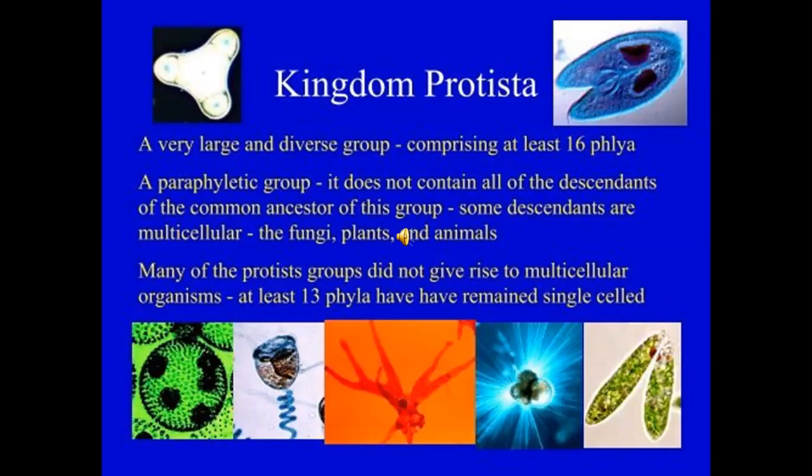Algae include unicellular and multicellular types. Animal-like protists are often called protozoans. They include amoeba and paramecium. Amoeba and paramecium are examples of Protista. The Protista kingdom is a very large and diverse group comprising at least 16 phyla.